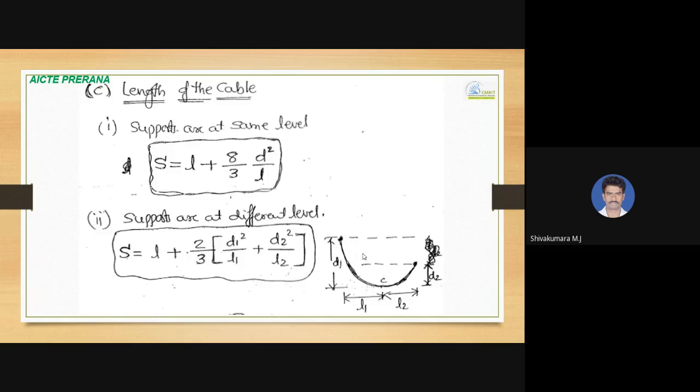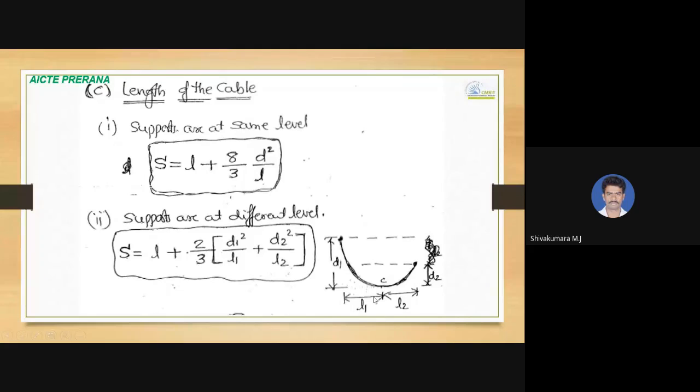And then if we need to calculate the length of the cable by looking at the geometry, if the supports are at the same level at both ends, this is the formula we use: S equals L plus 8 by 3 into D square divided by L. You need to remember this. And if the supports are at different levels, another formula is S equals L plus 2 by 3 into D1 square by L1 plus D2 square by L2.